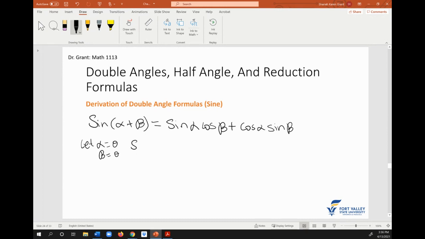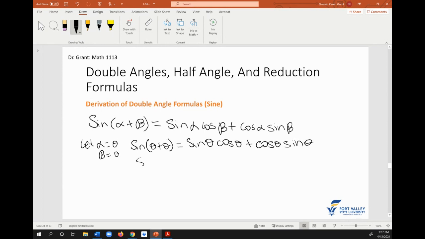So then we'll have sine of theta plus theta is equal to sine theta cosine theta plus cosine theta sine theta.